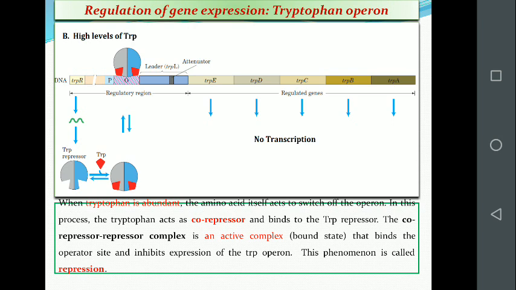Okay, so this way, like a thermostat, if you take the example of a thermostat like an iron box, we adjust the temperature by one regulatory knob. When it is switched on, the temperature of that iron box goes up, and once it reaches a point, it will be switched off.